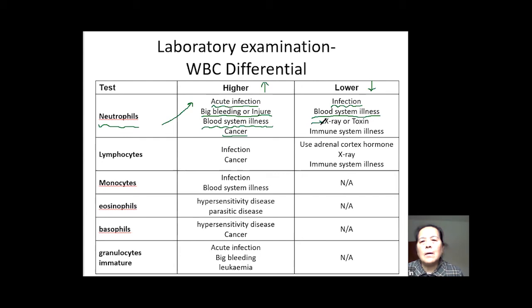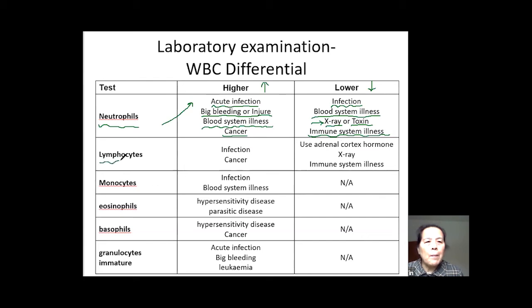Other things, like X-rays or some toxins, can kill neutrophils and make the number decrease. People with an immune system disorder can also have a decreased neutrophil number. So that's neutrophils.